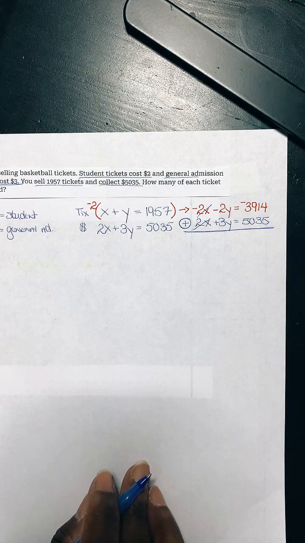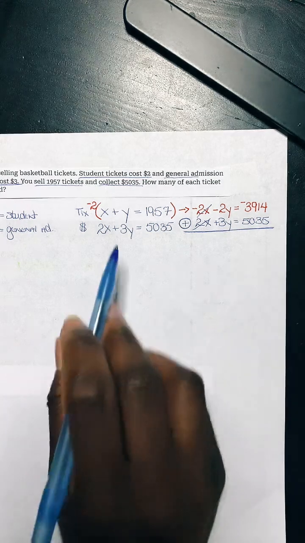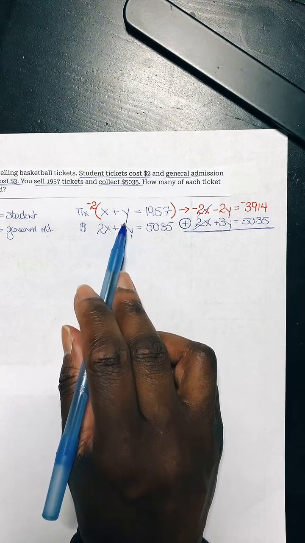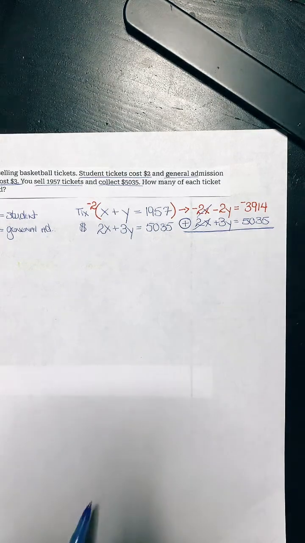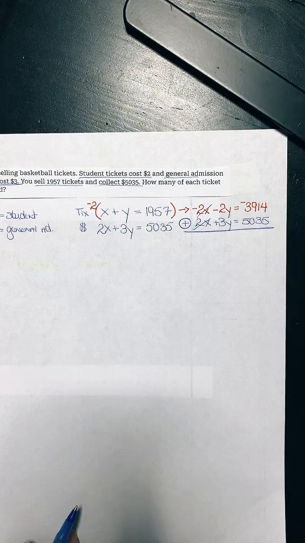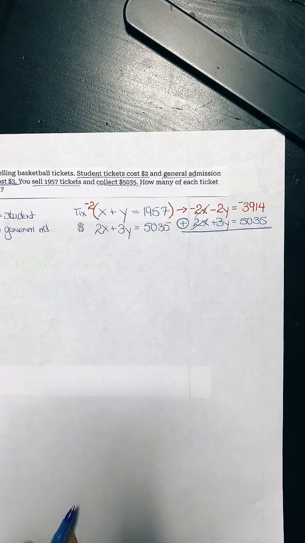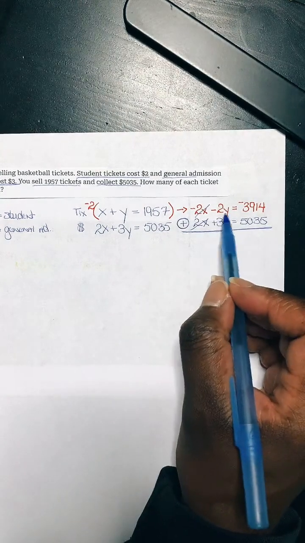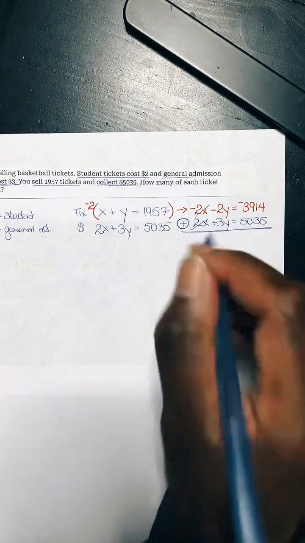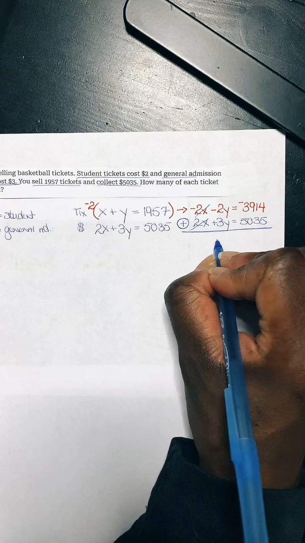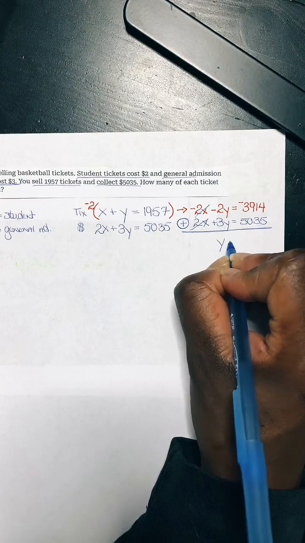If we were solving for the y, would it be times 3? It would be times a negative 3, so you can cancel out the 3's a lot easier. So negative 2 plus 3, that gives me a 1y or just a y.